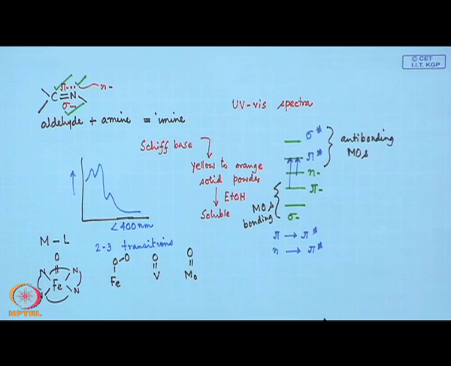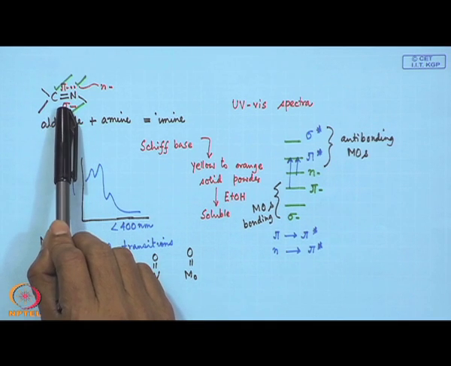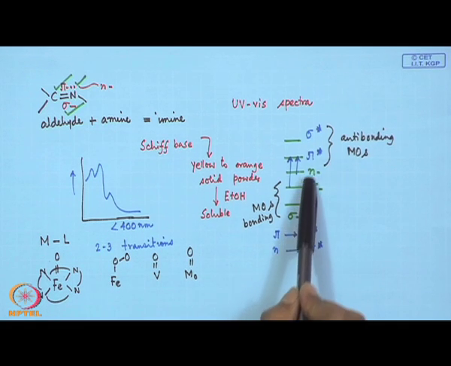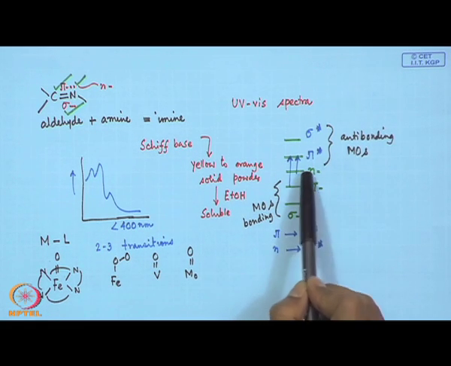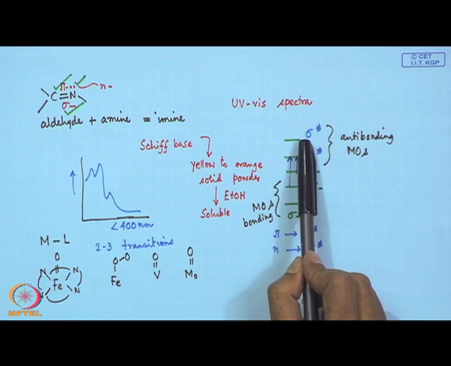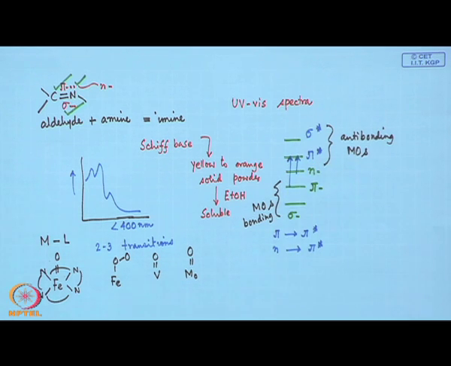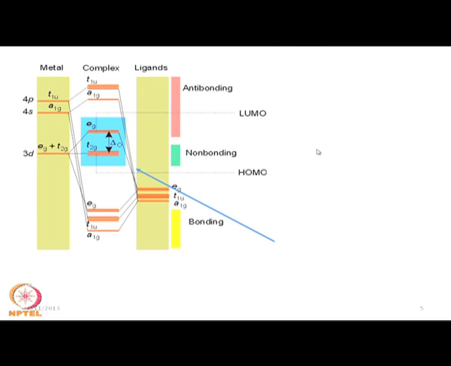So, these all give us the same sort of interaction that we see in the Schiff base formation. So, the energy ordering for sigma, pi, n, pi star and sigma star will also be the same if we go for the bonding, non-bonding and anti-bonding levels for the molecular orbital picture involving these metal centers.